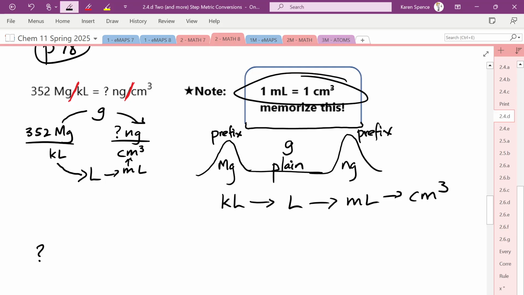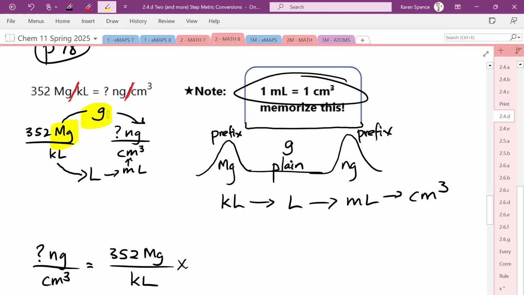We want to find the number of nanograms per centimeter cubed, and we are starting with 352 megagrams per kiloliter. I'm going to convert the top part first. So let's convert our megagrams into grams. So we want to cancel our megagrams.